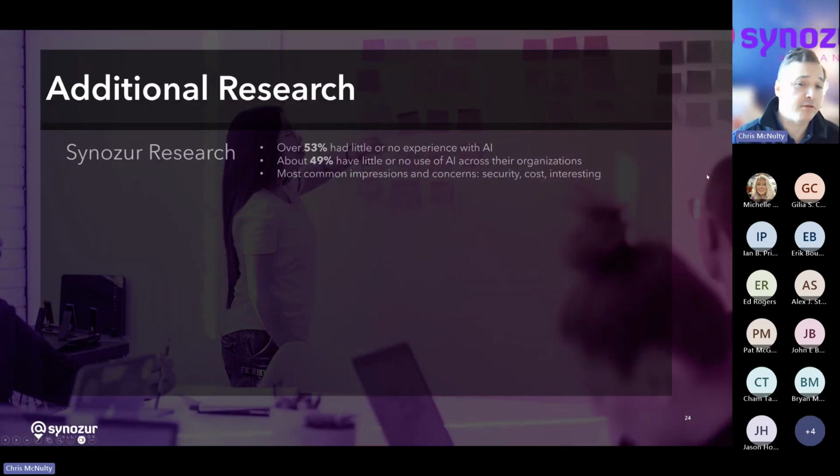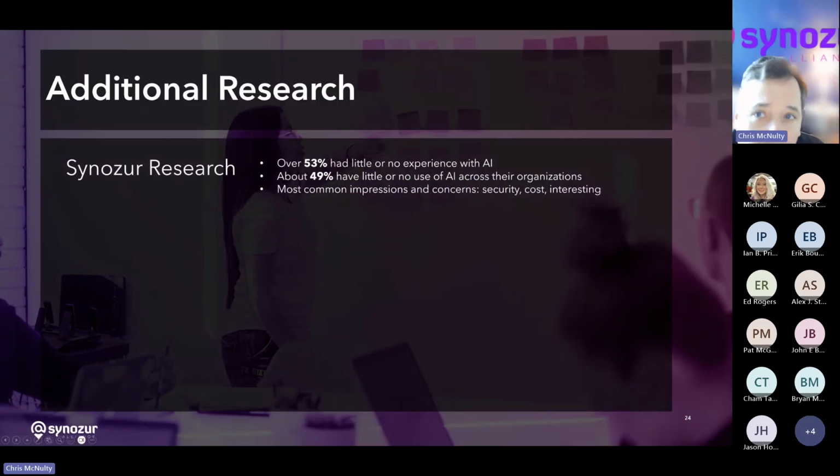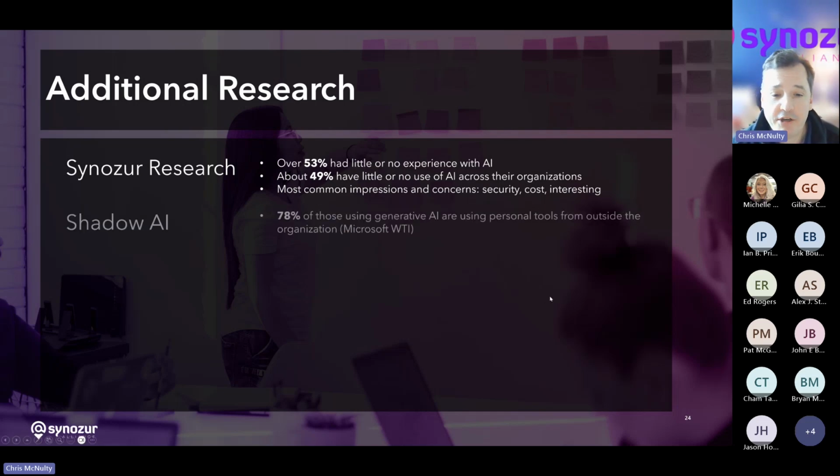And based on some further research, looking at folks like many of you who are being charged with deploying systems like Copilot in your organization, the experience that's out there doesn't necessarily match those Microsoft numbers. About half of the folks that we spoke to in our research last year had little or no experience themselves or across the organization with managing that.